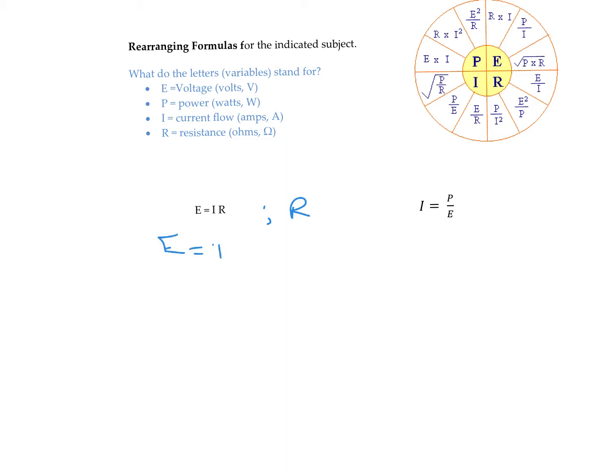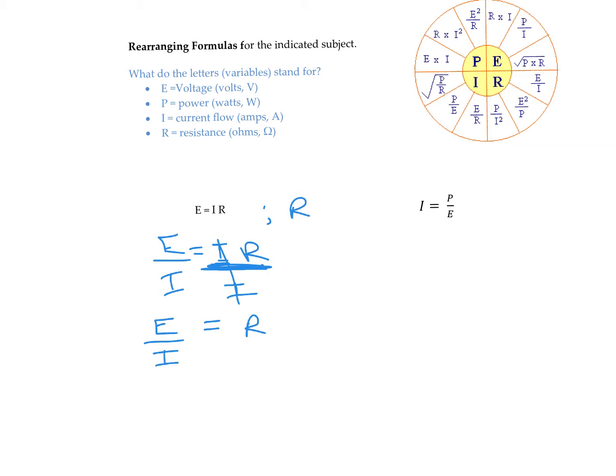E equals I times R. And we're now going to get rid of the I by dividing both sides by I. The purpose of that is to be able to divide I by I, and I divided by I is 1, therefore it'll cancel, leaving you with a new formula of E divided by I equals resistance.